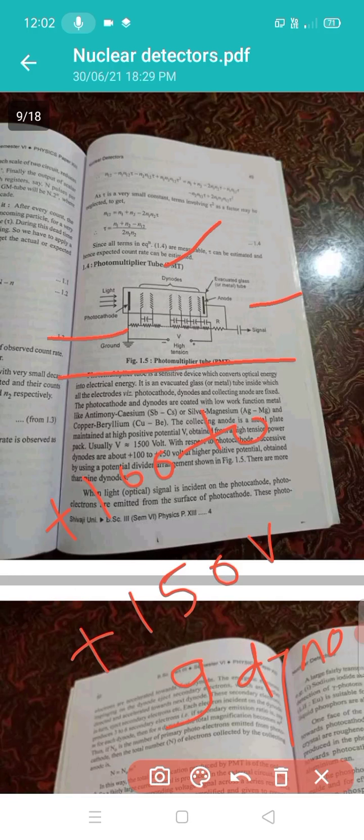This is the construction of the PMT, photomultiplier tube. Let me repeat once again. A photomultiplier tube is a sensitive device which converts optical energy into electrical energy.